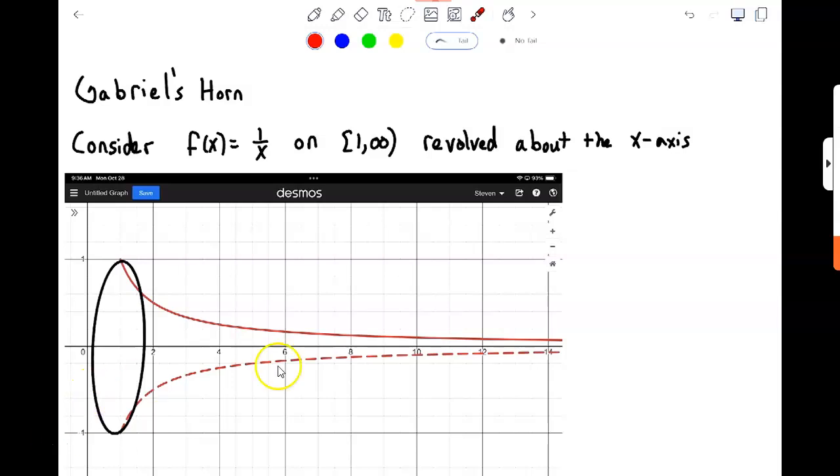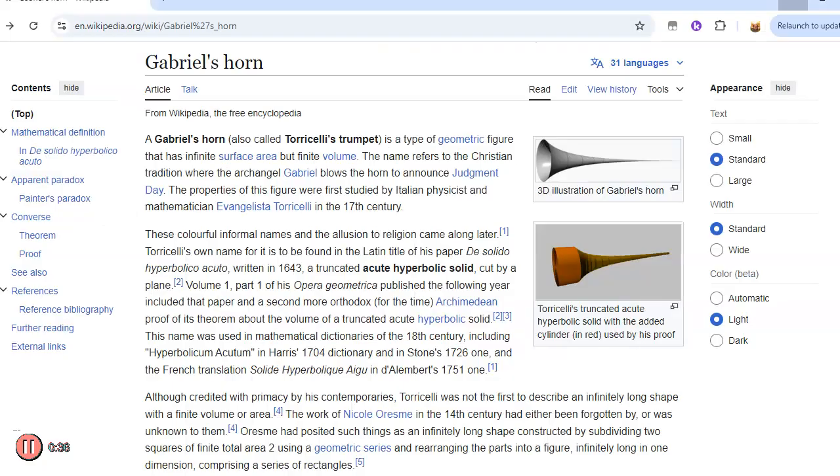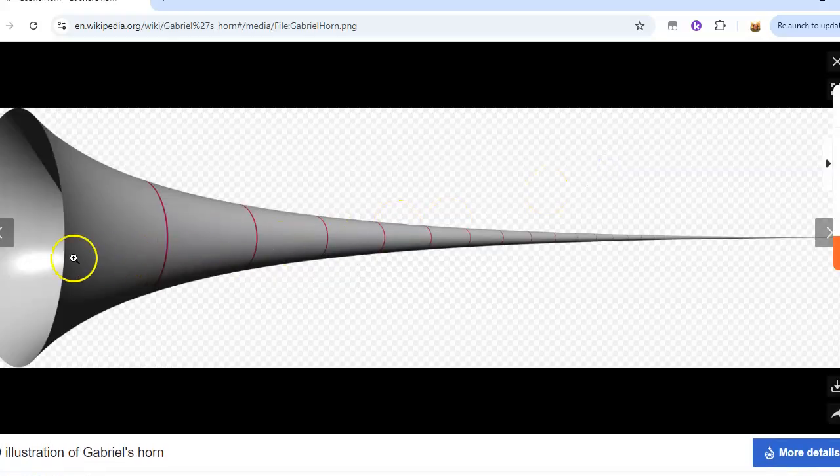Infinite solid. Now the name Gabriel's horn, or Torricelli's trumpet, is the other name that it gets, is this infinite horn that's infinitely long, and it goes out forever.